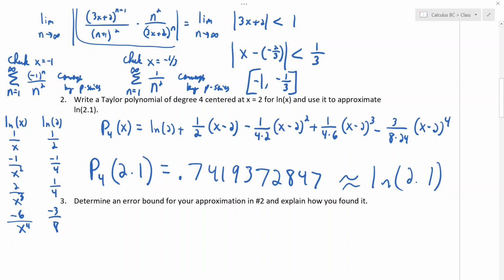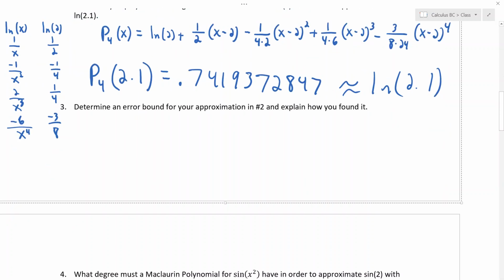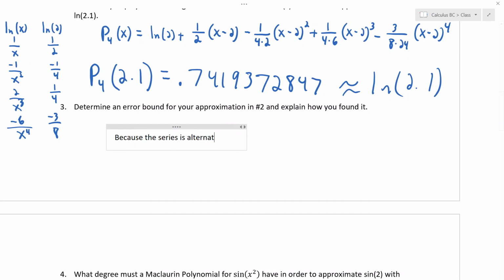Easy peasy. The next question says find an error bound for your approximation. I'm going to type it out because I'm lazy, but you guys have to write it. Because now the series is alternating, the terms are alternating and decreasing in value.